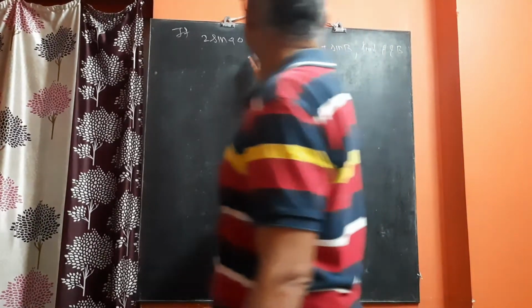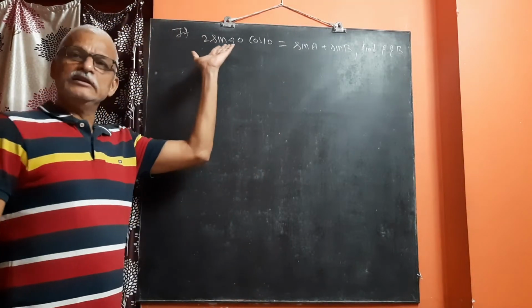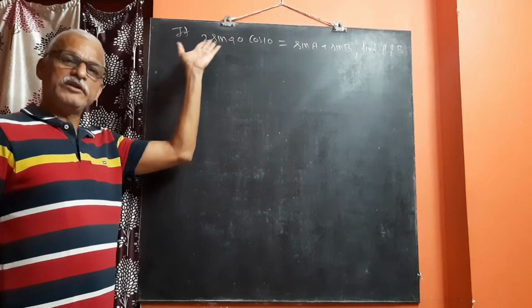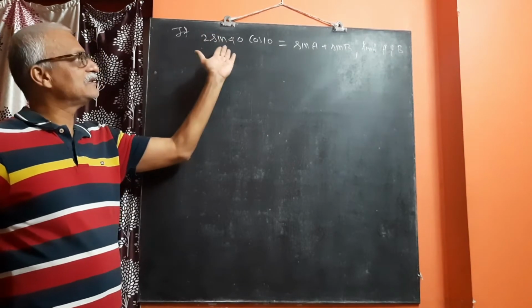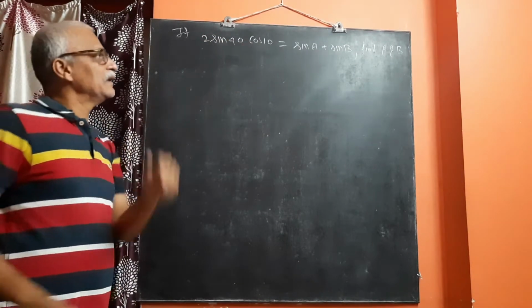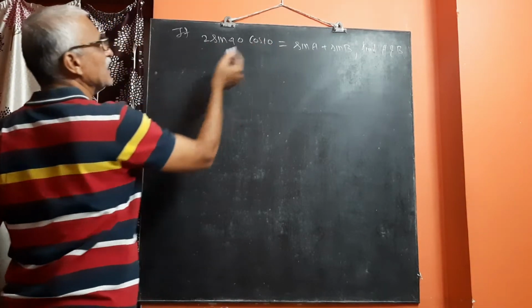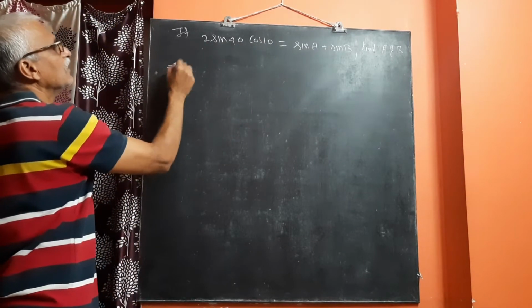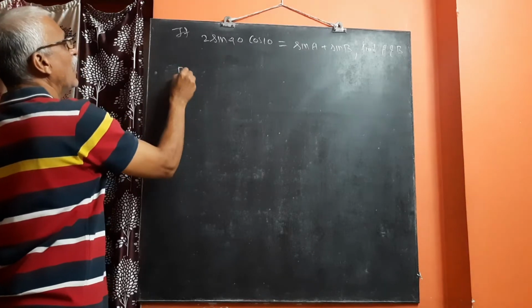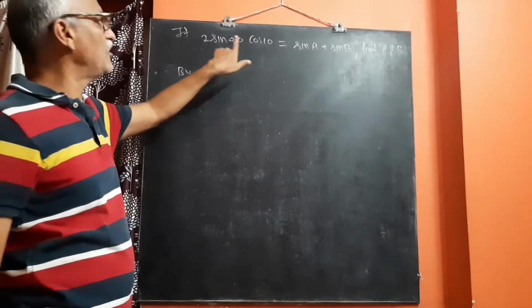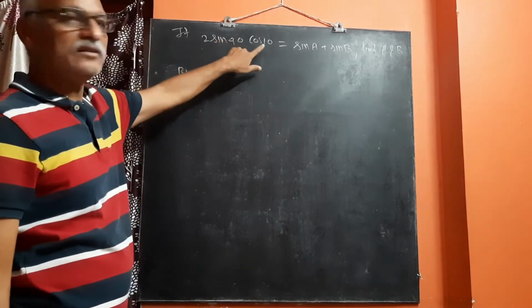We have already solved such type of problem previously. Previously means our first problem was of the same type. Now here, you have to find 2 sin 40 into cos 10. This is the multiplication of sin and cos.